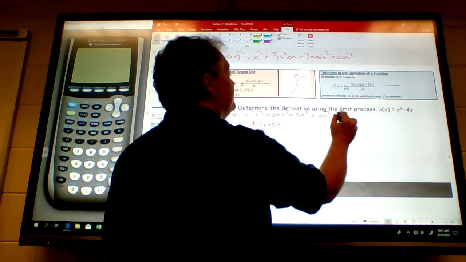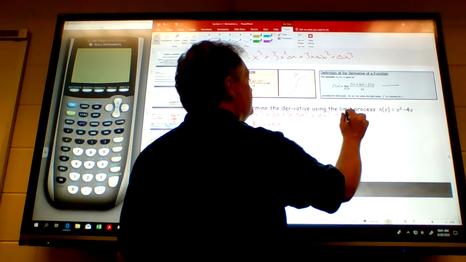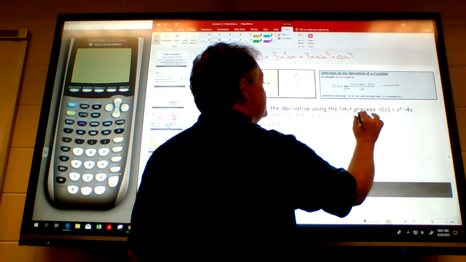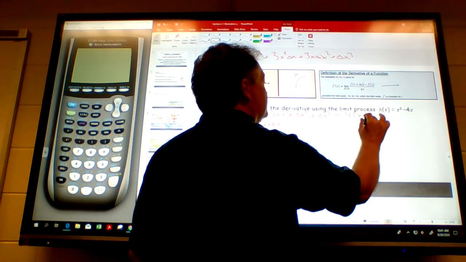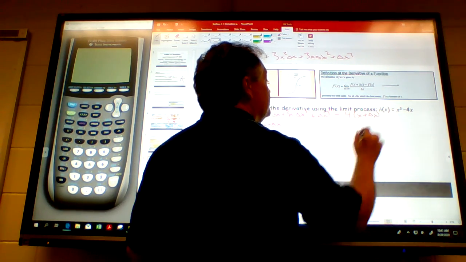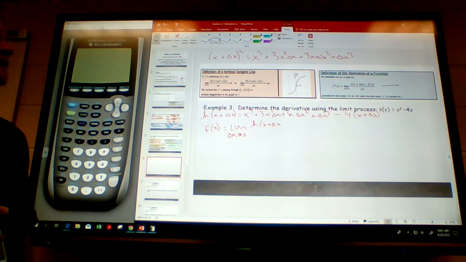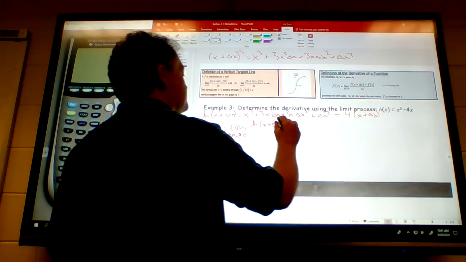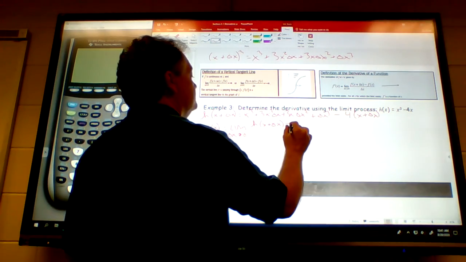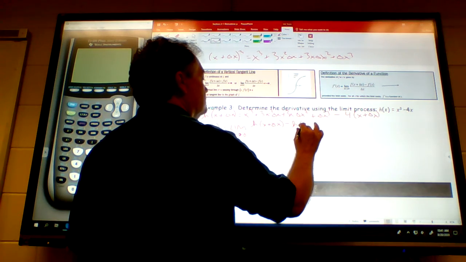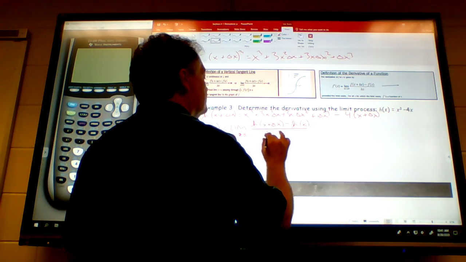And by the way, I did forget to mention minus 4 times x plus delta x. I forgot to put that there, so make sure you note that as well. So all this minus h of x all over delta x.